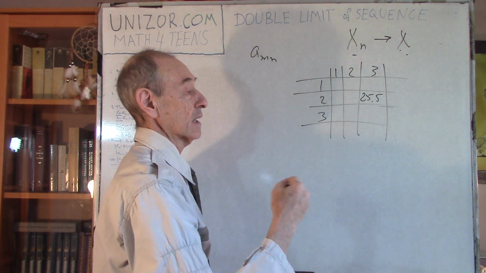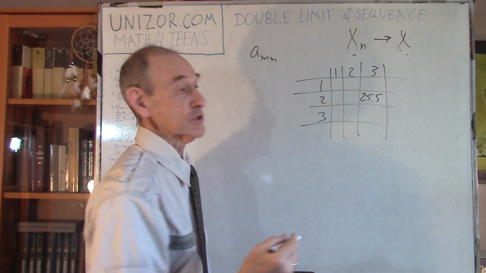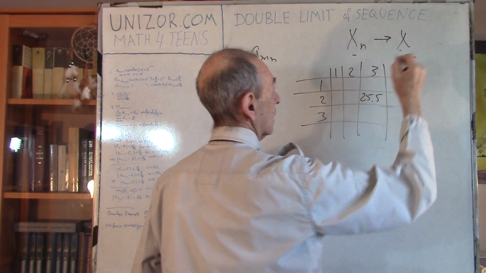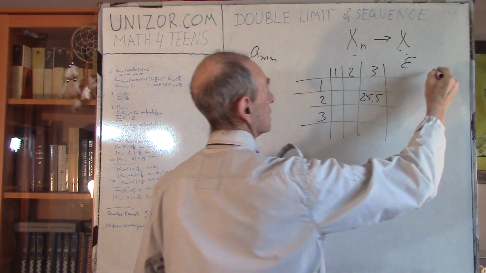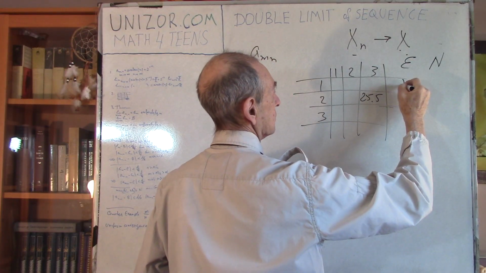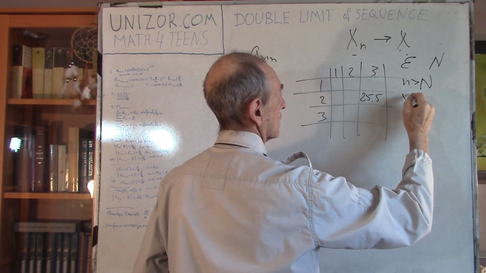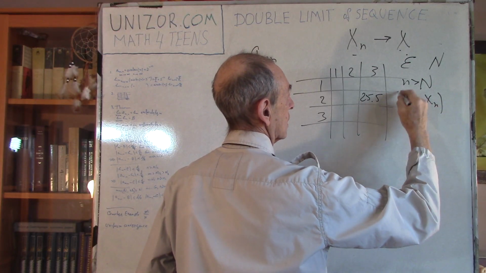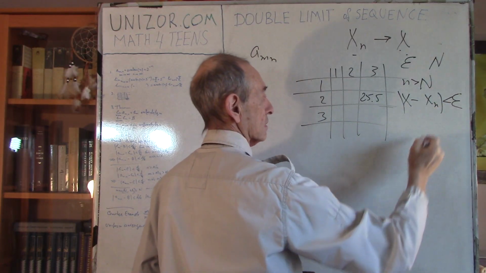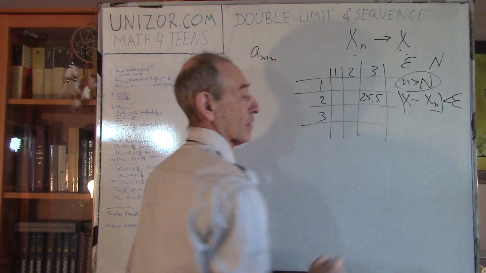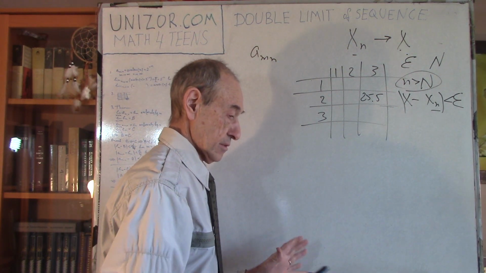In more scientific language, for any neighborhood of size epsilon, we can find some number N such that for any index n greater than capital N, the difference between the limit and the sequence is less than epsilon. So that's the regular limit.